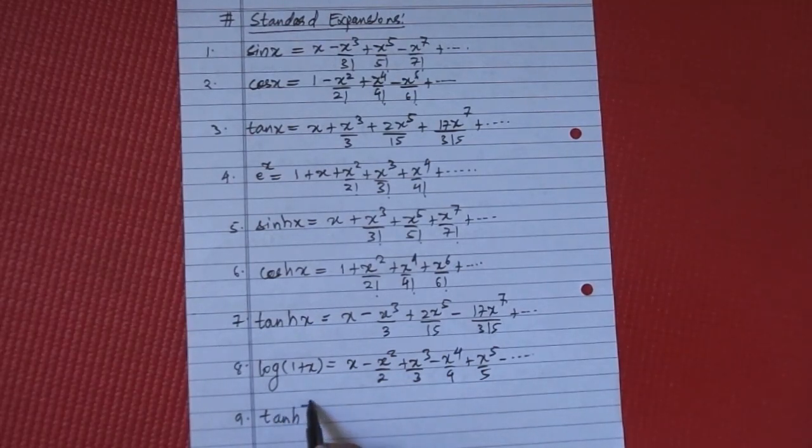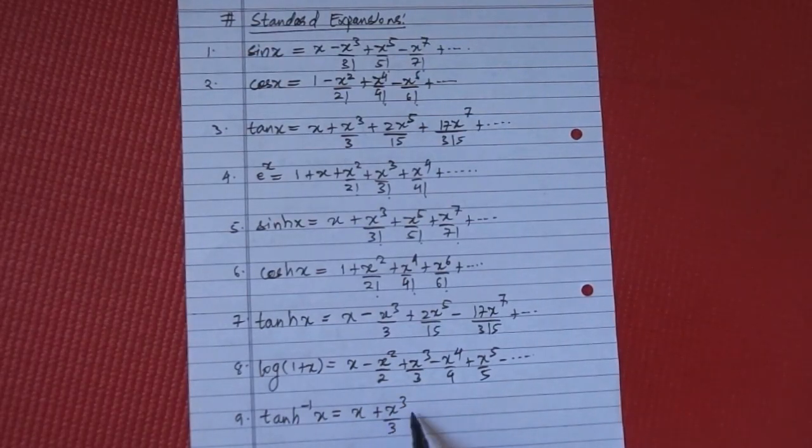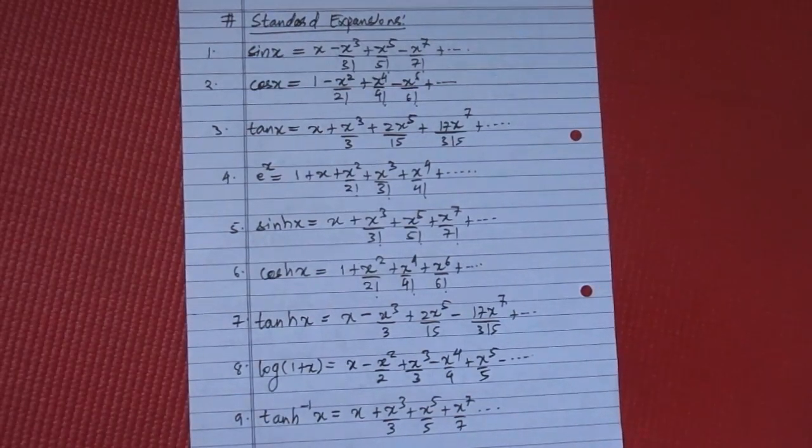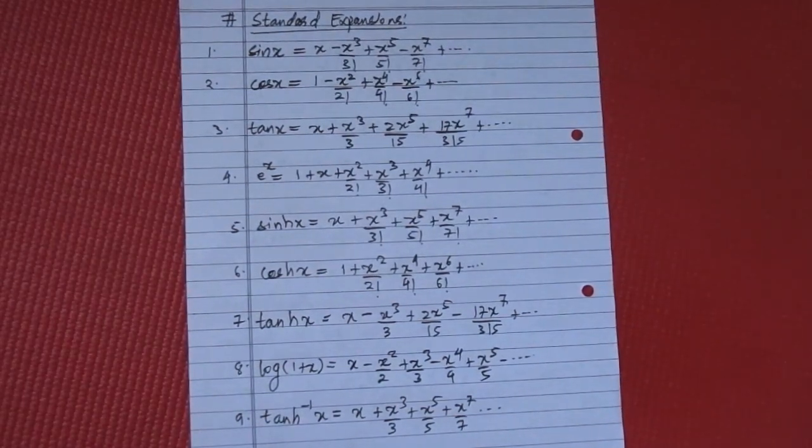Ninth, tan hyperbolic inverse x is given by x plus x cube upon 3 plus x raised to 5 upon 5 plus x raised to 7 upon 7 up to infinity. And the last one is 1 upon 1 minus x.